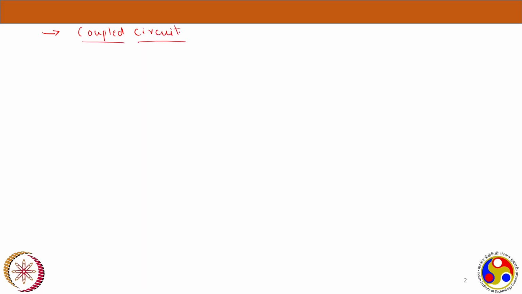Can anyone have an idea what a coupled circuit means? When do we call a circuit coupled?